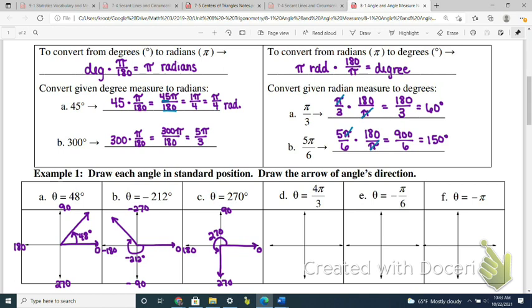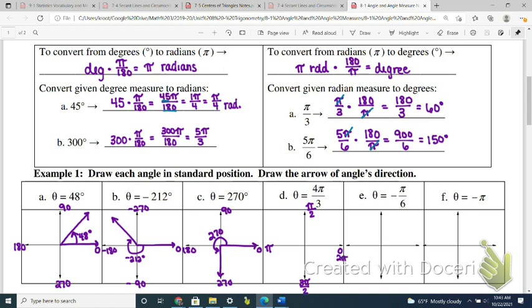Now, notice these last three have switched to pi. If you can do it in pi, I would prefer that. So my labels are going to be 0, pi over 2, pi, 3 pi over 2, and 2 pi.